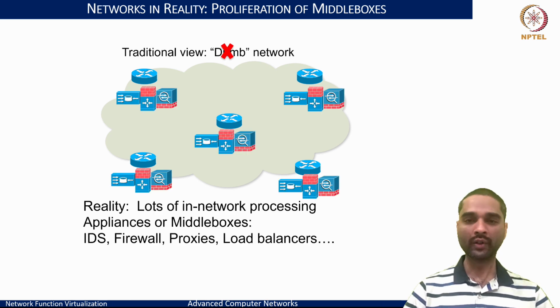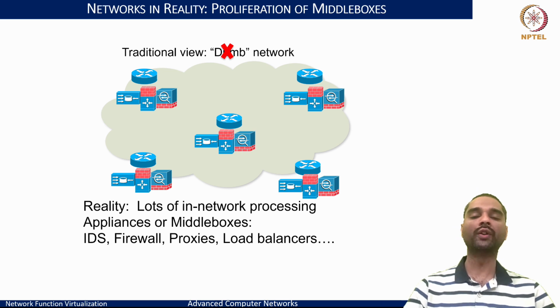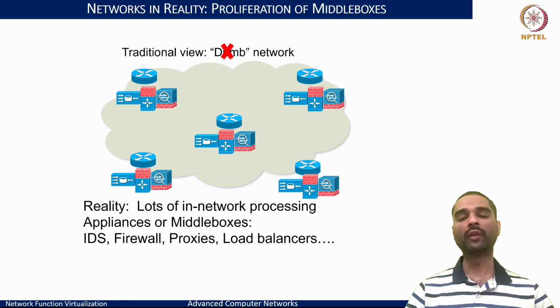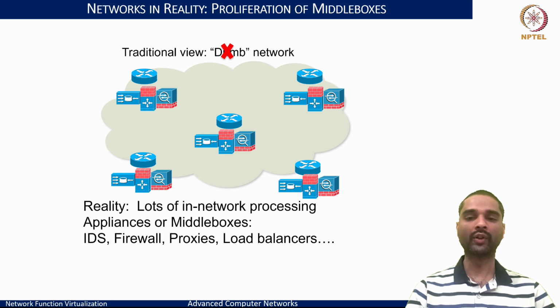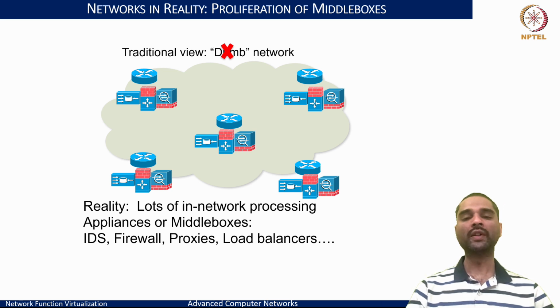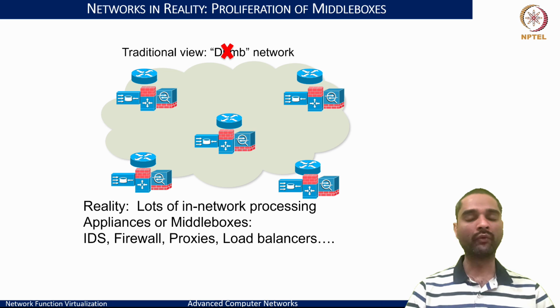What we have is not a dumb network, but an intelligent network that is operating on the data being passed through it. There is a lot of network processing, what we call in-network processing, happening because of this variety of middle boxes we have to deal with. And these appliances come in a variety of forms and provide a variety of functionalities like IDS, firewalls, proxies, load balancers, and many more.